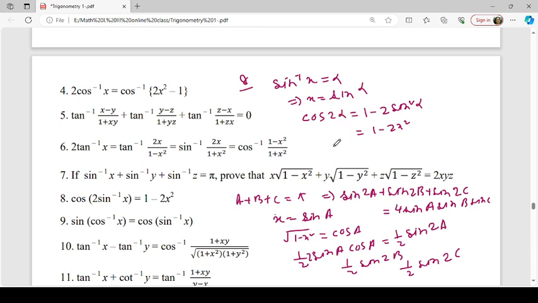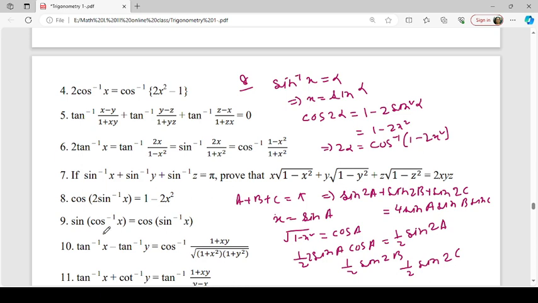So twice alpha is cos inverse of 1 minus 2x square, and twice alpha is 2 sin inverse x. So cos of 2 sin inverse x is 1 minus 2x square.